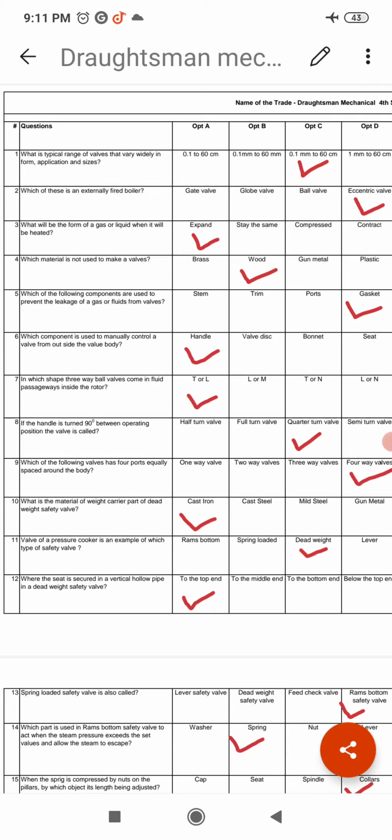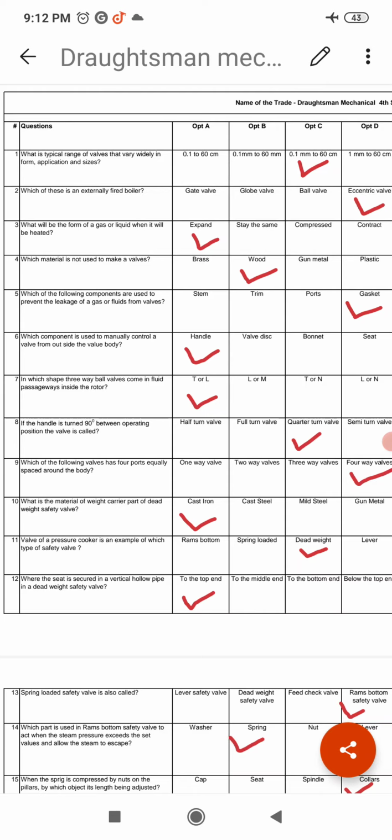Option A, T or L. Next, if the handle is turned 90 degrees between operating positions, the valve is called a quarter turn valve. Option C. Next question, which of the following valves has four ports equally spaced around the body? Option D, four-way valve.